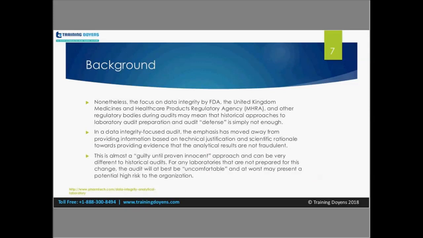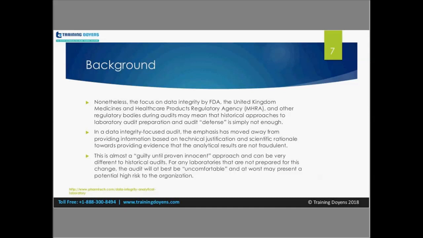But now, in today's day and age, when you're getting inspected by FDA or other regulators, such as the MHRA in the United Kingdom, they look at this defense approach as not enough.